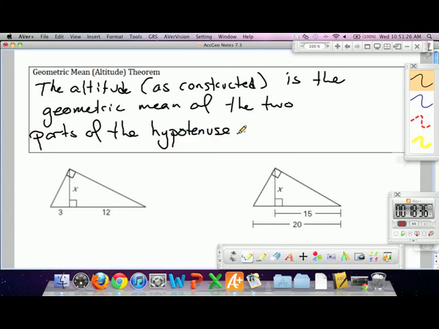As a formula, this theorem boils down to part 1 over altitude equals altitude over part 2.